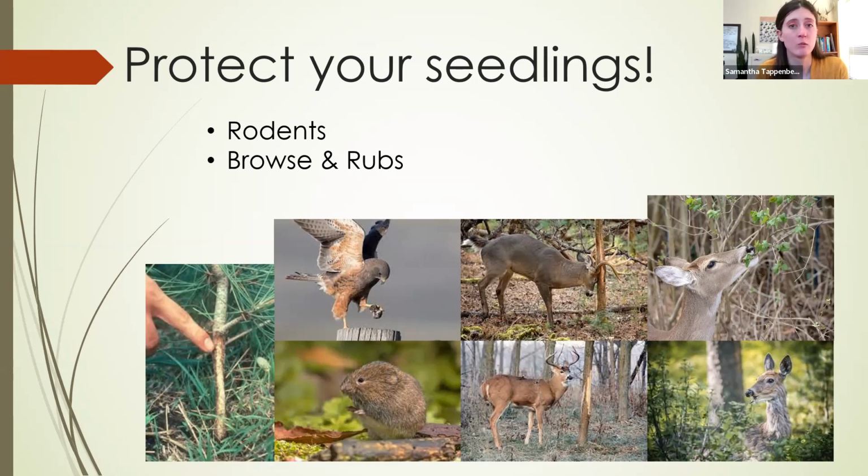If you keep the area around your seedling mowed, it helps manage the competition with that vegetation, number one, but it also keeps it open for predators like hawks who are looking visually for those small rodents to feed on. If an area has been mowed around a seedling, then a vole is very vulnerable in that area and they tend to avoid it, as opposed to an area with densely growing vegetation right up to the edge of that stem. That's just asking for voles to come along and destroy your seedling.